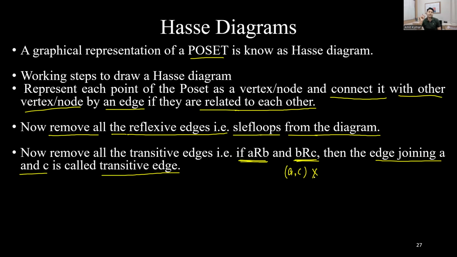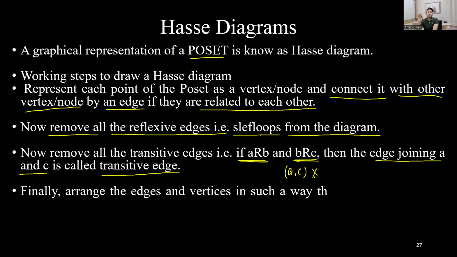It's not that we can remove any edge. It must be the transitive one, which is identified this way: AB is there, BC is there, then A to C should not be there. Once we have done all these things, whatever graph we obtain, we call it a Hasse diagram.